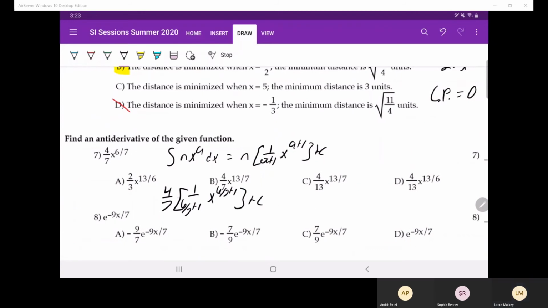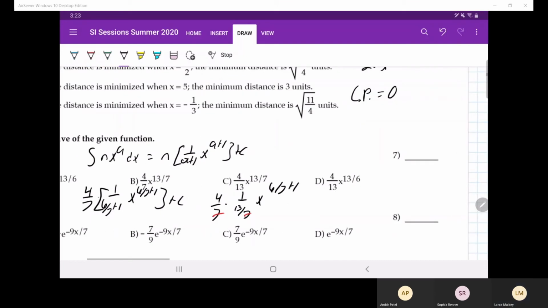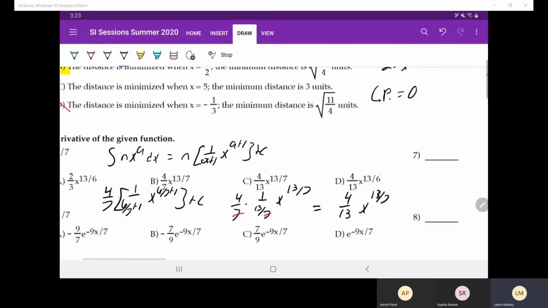You don't even need the plus c because it's an antiderivative. So you get 4 over 7 times 1 over 13 over 7 times x to the 6 over 7 plus 1. These 7's drop. And this is actually 13 over 7. I don't know why I did that. And it equals 4 over 13 times x to the 13 over 7. C. Yeah, I felt confident again, guys.